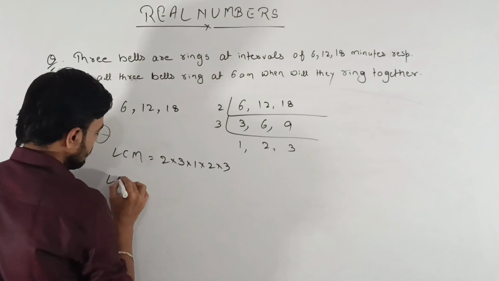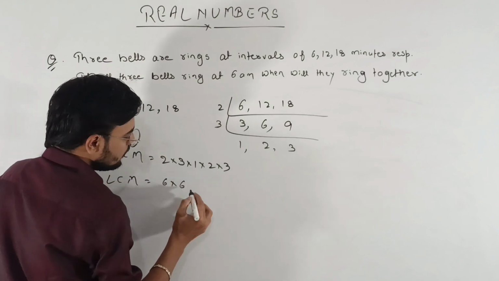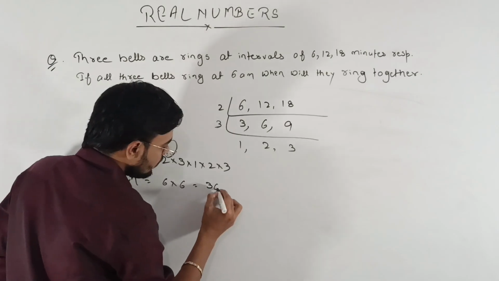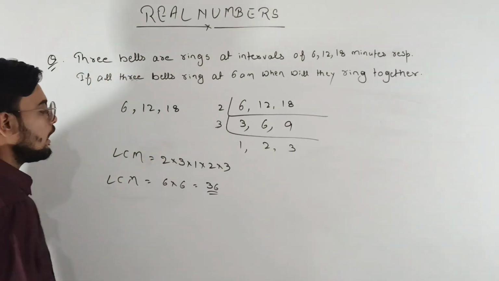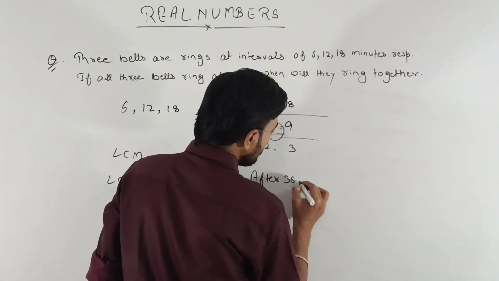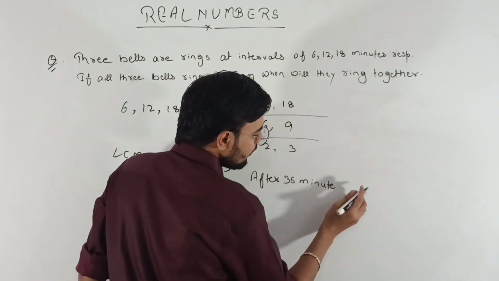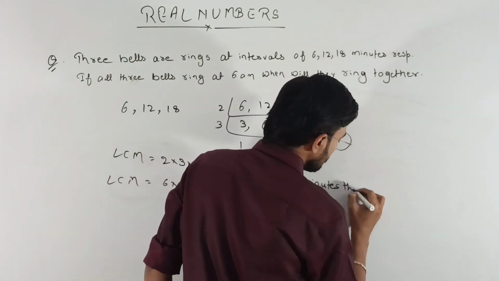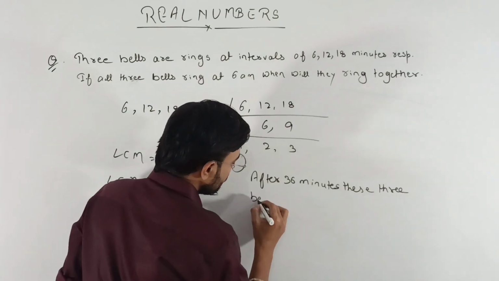Now multiply these: 2 3s are 6, 3 2s are 6, so LCM is 36. Then after 36 minutes, these three bells ring together.